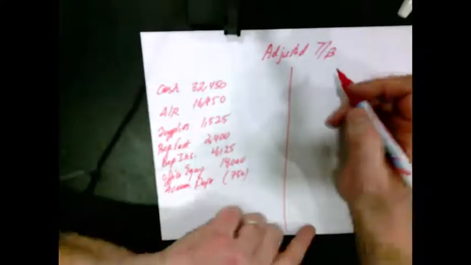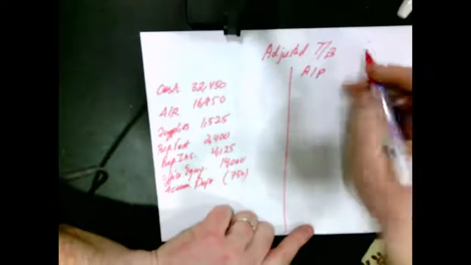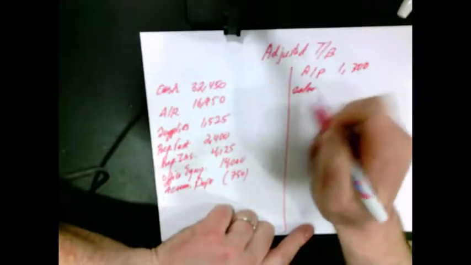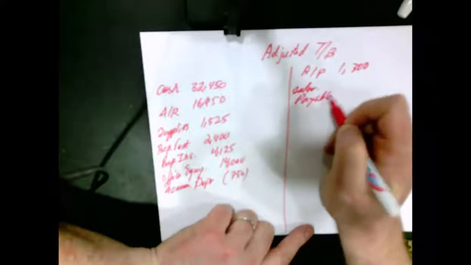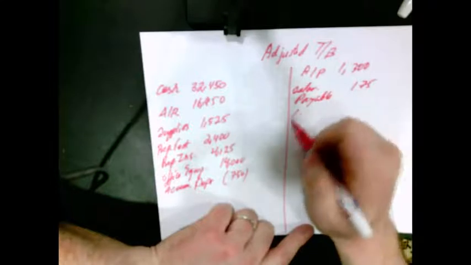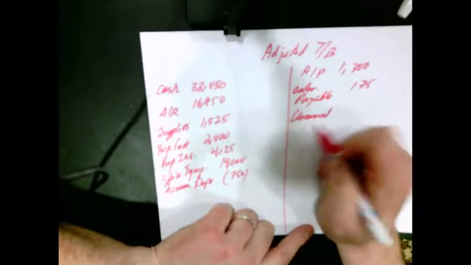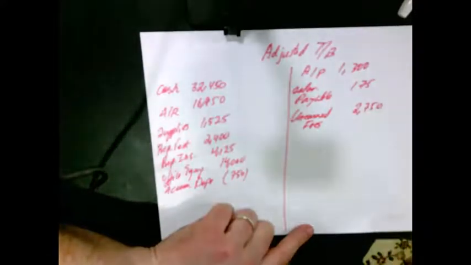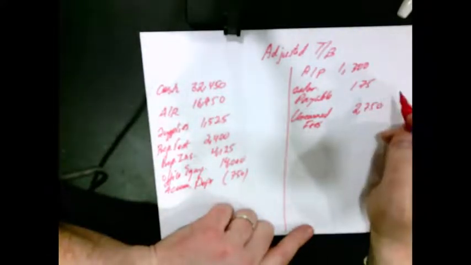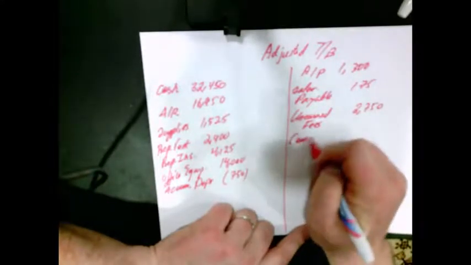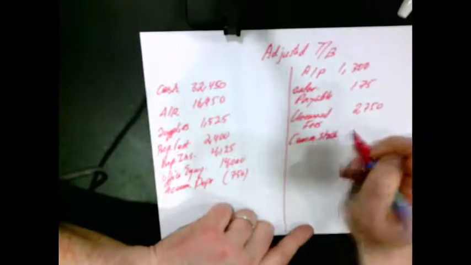Alright, now we can write credits. Accounts payable, we have AP is 1,300, salaries payable 175, unearned fees 2,750. And then we have equity accounts, which are common stock of 45,000.